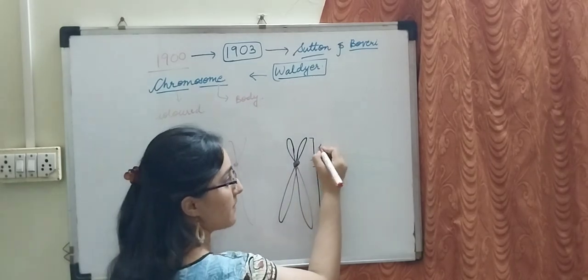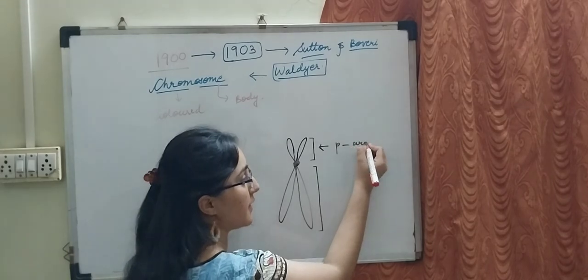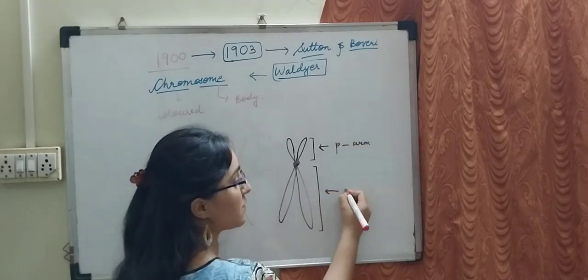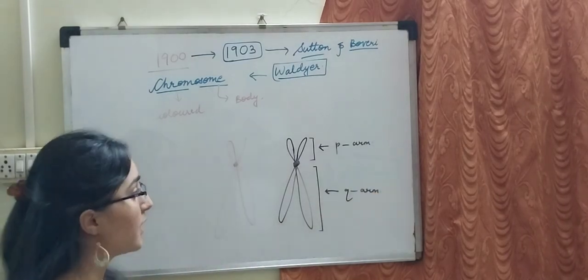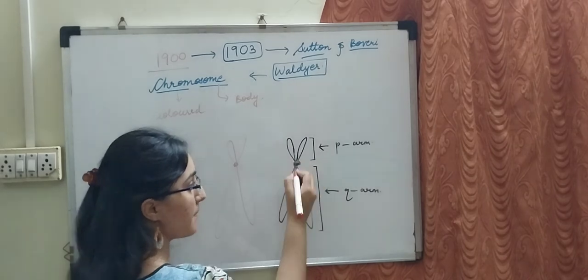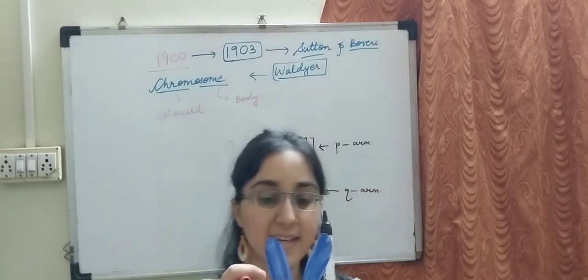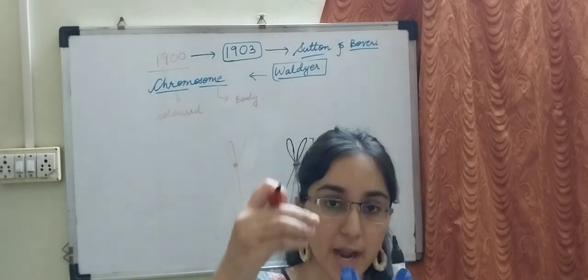This arm we call the P arm, and this we call the Q arm. But this circle is something which is keeping the two strands intact.